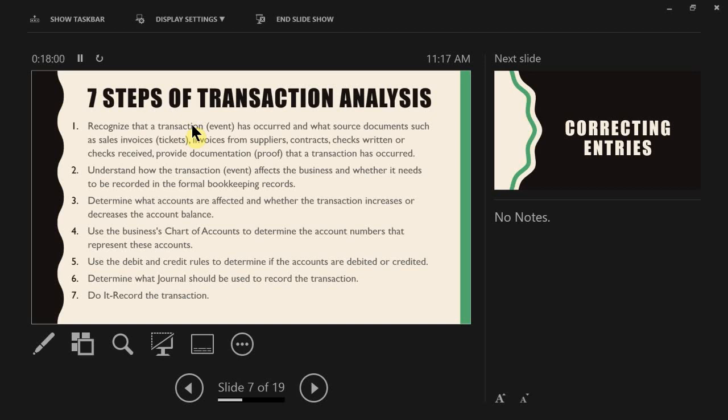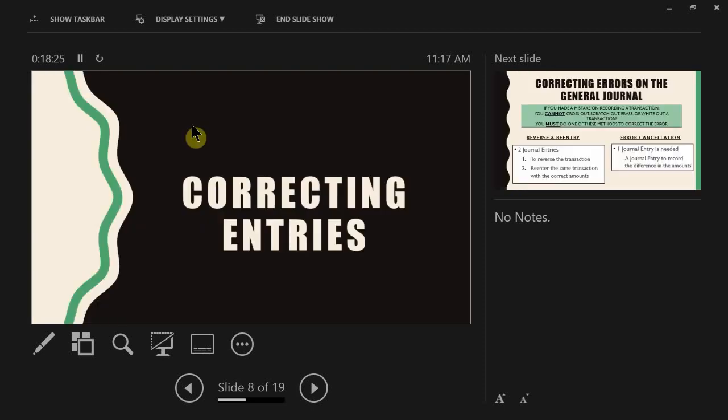It's pretty straightforward when you're recognizing the accounts. And then, just doing it. Once you get into the journal, you'll know what to do from there. You're going to use your debit and credit system. You're going to write your account number and which accounts apply. So, yes, that is the 7 steps of transaction analysis.